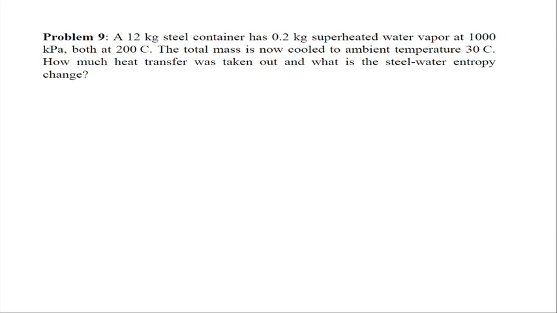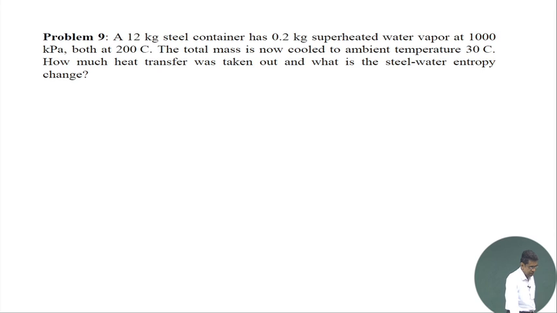We have discussed earlier regarding the entropy change. Now, this is a problem. A 12 kg steel container has 0.2 kg superheated water vapor, that means superheated steam at 1000 kilopascals, both at 200 degrees Celsius.